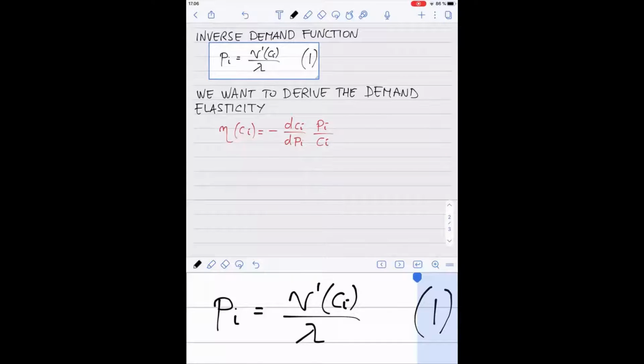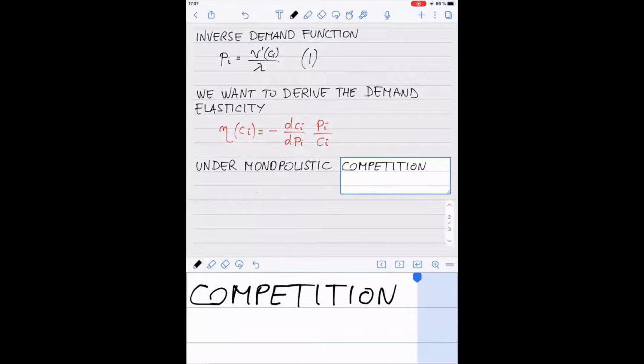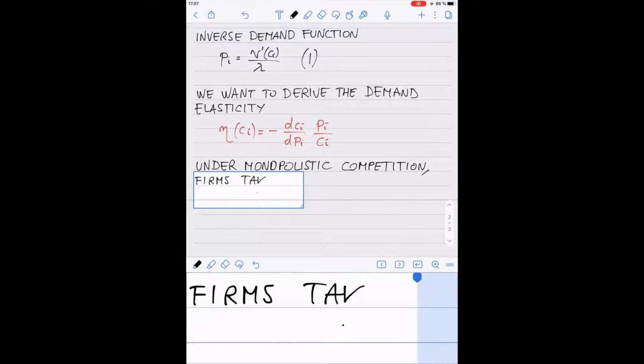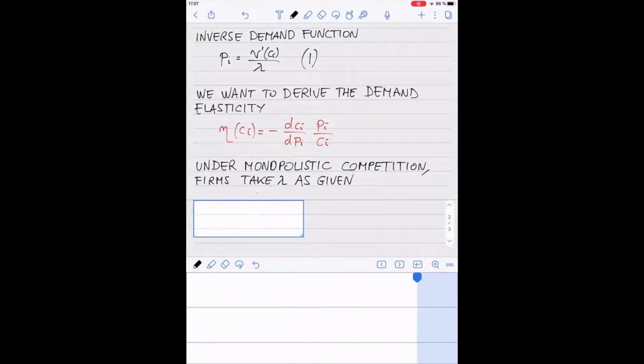So let me write this explicitly, because this is saying that under monopolistic competition, when a firm changes its price, it's going to affect the quantity consumed, but the firm is not going to internalize the effect that that decision has on the market aggregate, because the firm is so small that it takes the market aggregates as given.